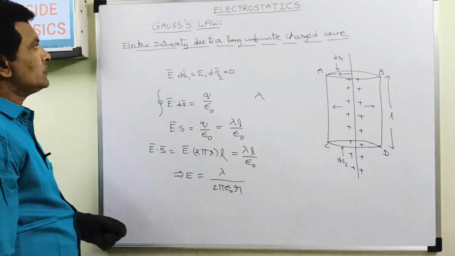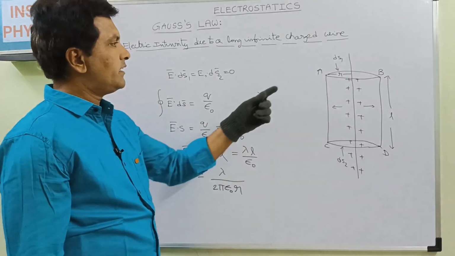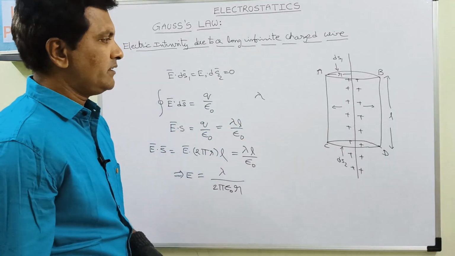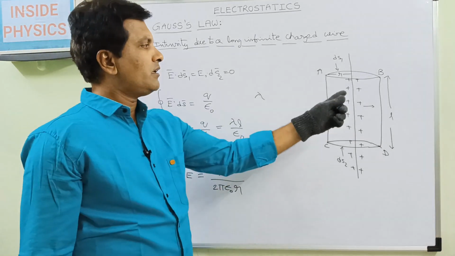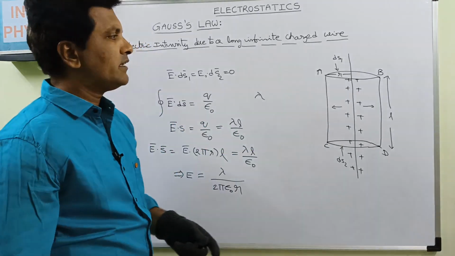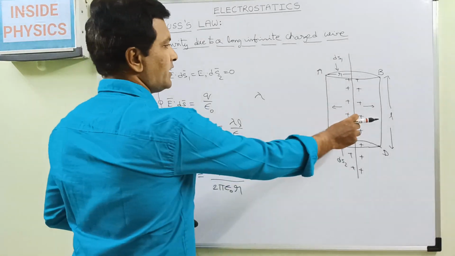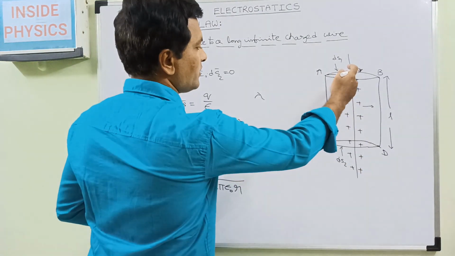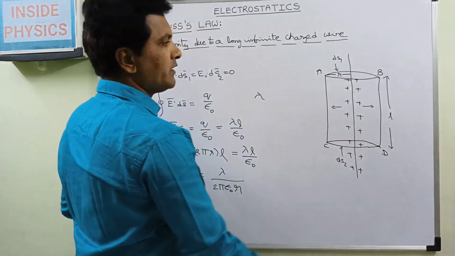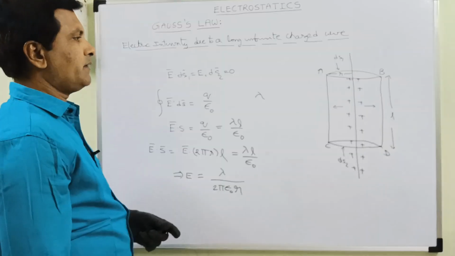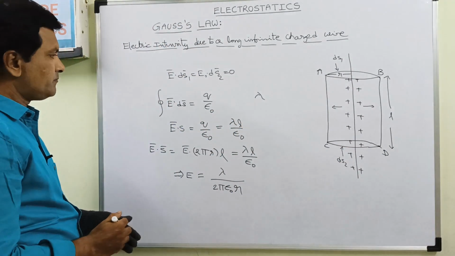This is how we calculate electric intensity coming out of the total surface enclosed by this charge, and this is due to a long conducting wire, okay.